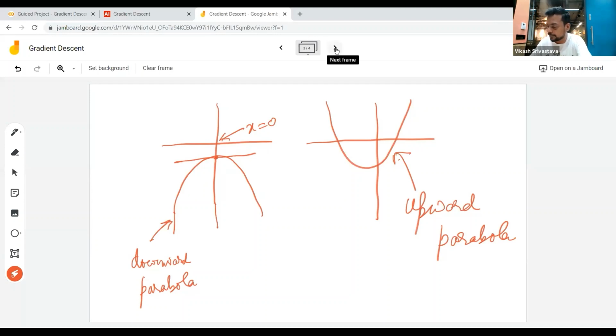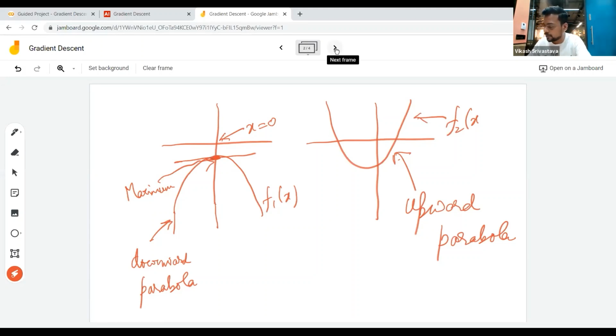So let's call this function f1(x), and let's call this function f2(x), right? And for this function, this particular value is the maxima, or in fact the maximum, right? Maxima is the plural of maximum.